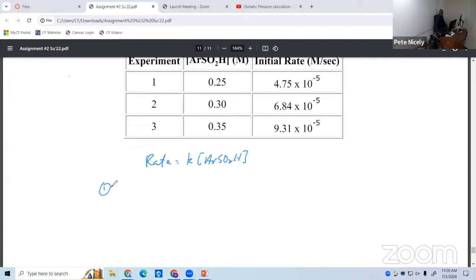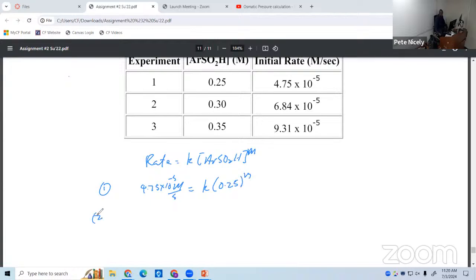So for experiment 1, we're going to have 4.75 times 10 to the minus 5 M/s equals K times the concentration of, oh, by the way, this should be an integer here. I'm going to put m here. So in this case, it's 0.25 M.